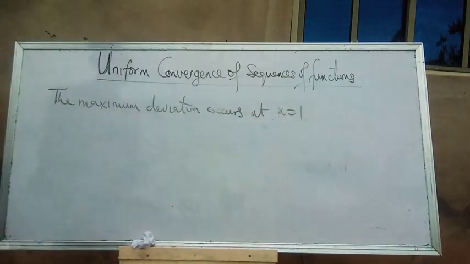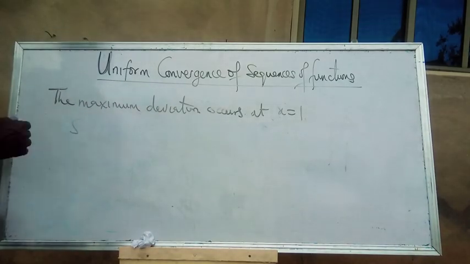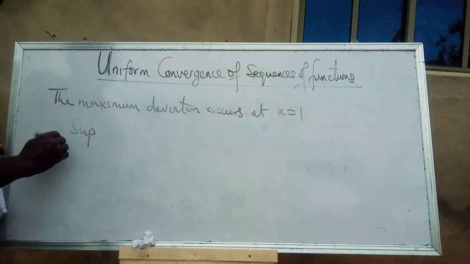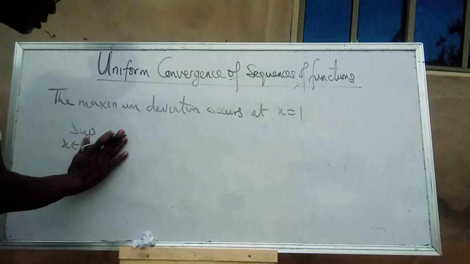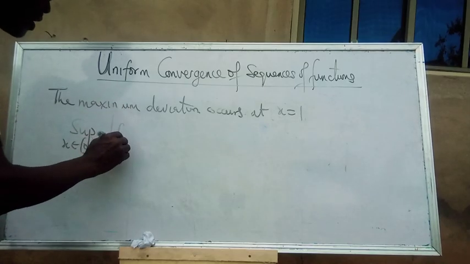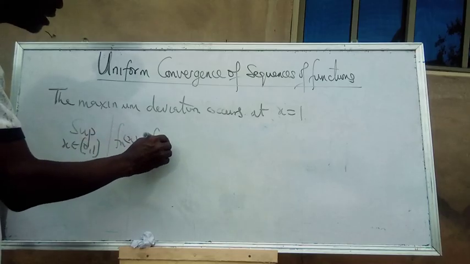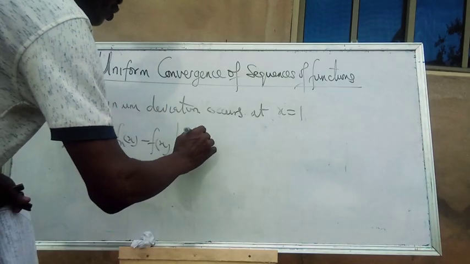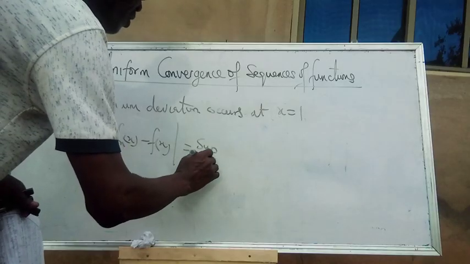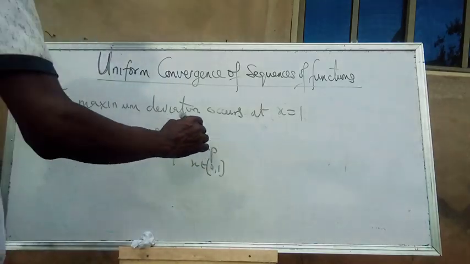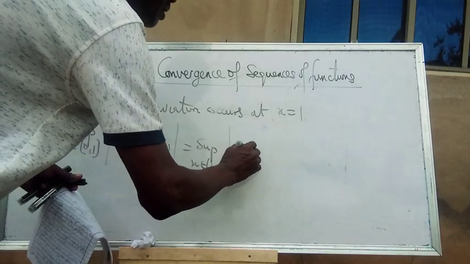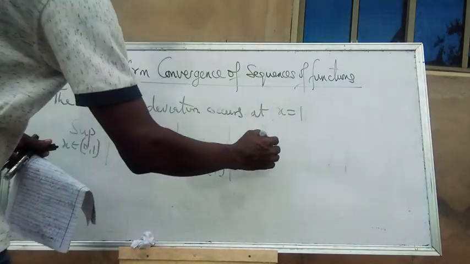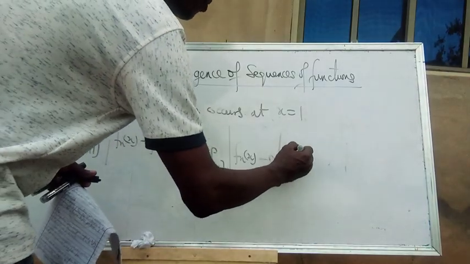Okay, so the supremum for x in [0, 1] of the absolute value of fn of x minus f of x, which is the same thing as sup over x in [0, 1] of the absolute value of fn of x minus 0, will be equal to 1 over n.